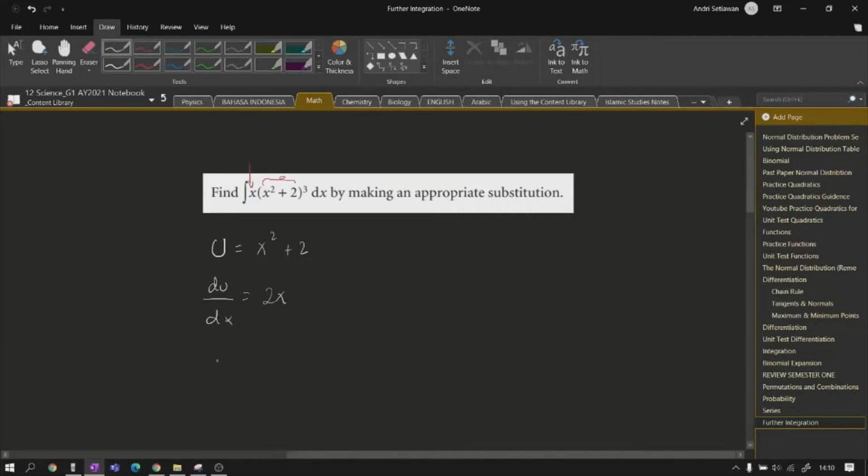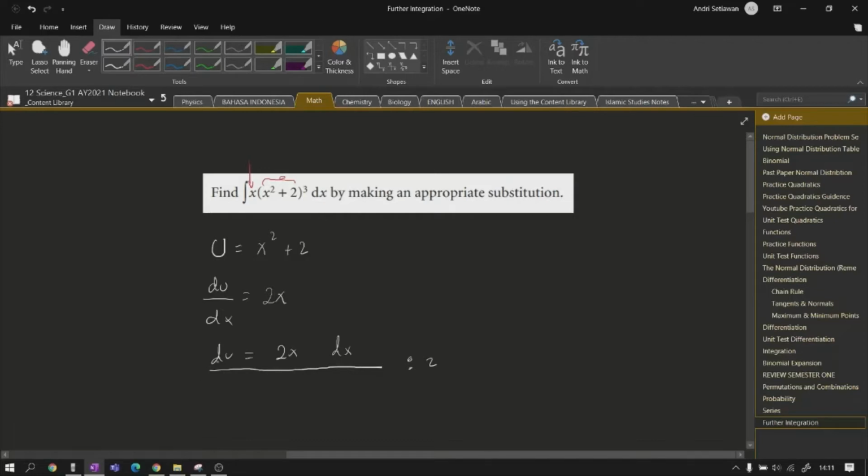Okay, let's manipulate this form first. We can move dx to the right side. So we need x dx, not 2x dx. We need x dx in the equation. So we have to take some steps to make this form equal to this equation. From 2x dx to be x dx, we need to divide by 2.